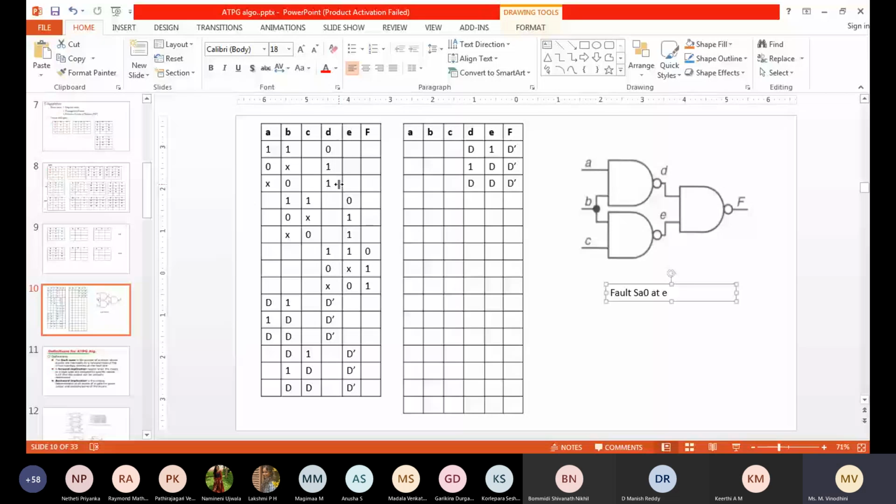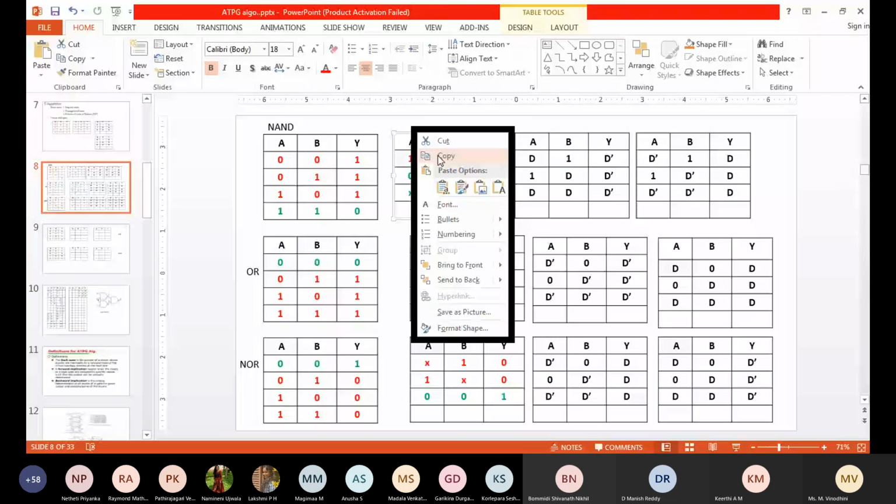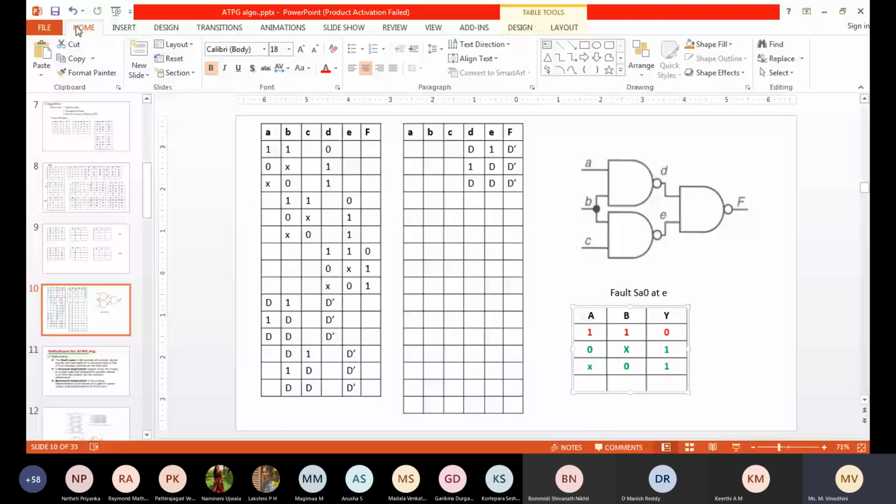Let me copy this and paste it there. This is the singular cover of the NAND gate: 1, 1, 0; 0, x, 1; x, 0, 1. This is A, B, Y, but here A, B, D. D is the output. So there I am filling this.